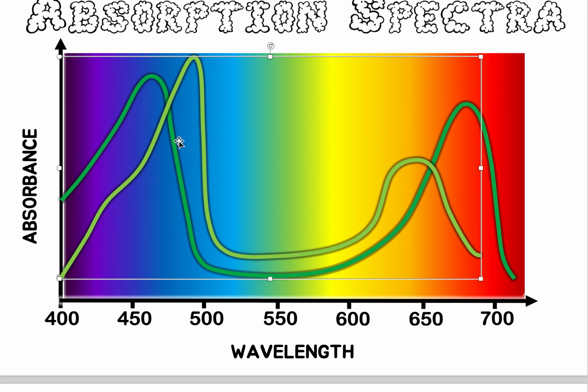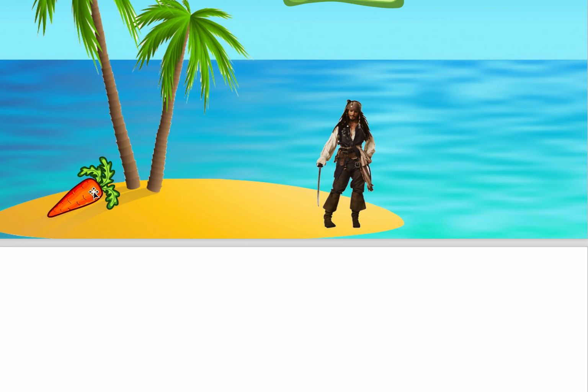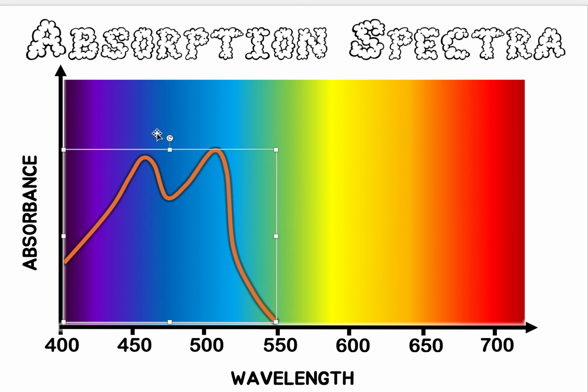All the orangey red stuff. And that's the color that carrots are, right? If it doesn't absorb any of the orangey, yellowy, red stuff, that's what we see, because that's what is reflected. So this is what the absorption spectra is. It just shows you which wavelengths are really well absorbed and which ones are not well absorbed. The ones that are not well absorbed are the ones that are reflected and that you see.